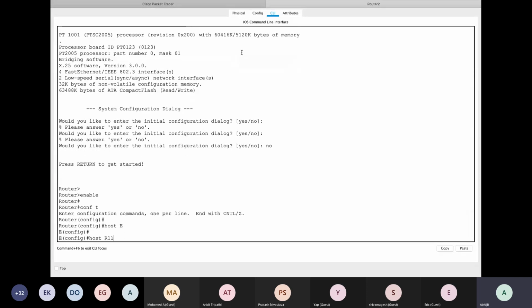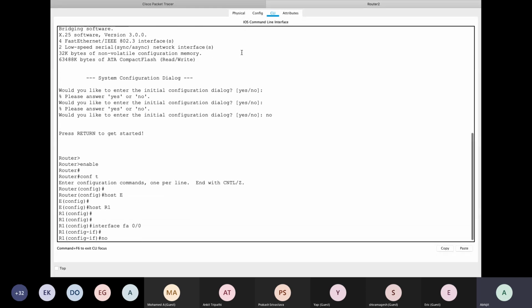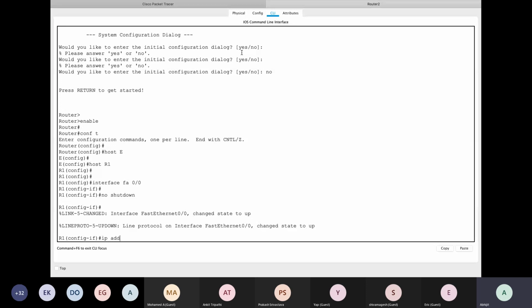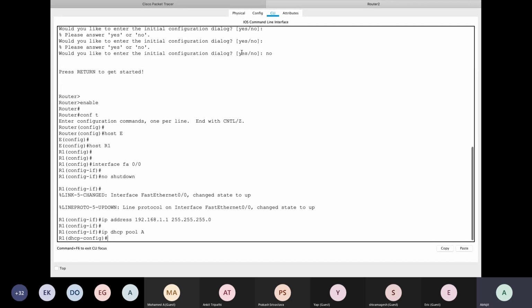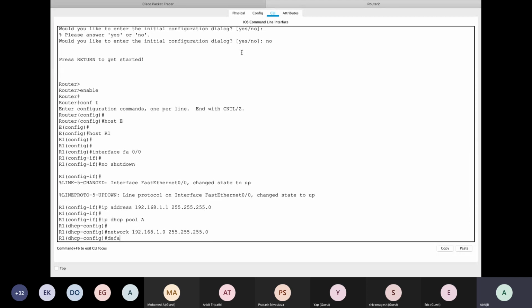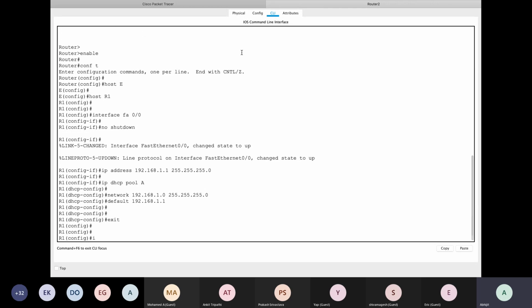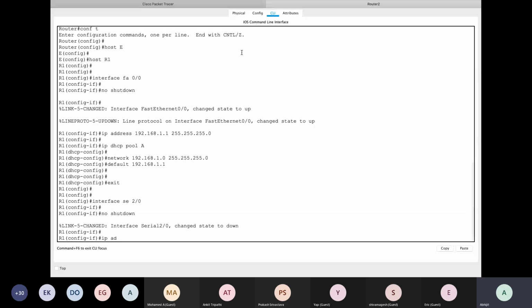Then interface FA0/0, no shutdown, IP address 192.168.1.1 along with the subnet mask, and then IP DHCP pool A, network 192.168.1.0 along with the subnet mask and default router 192.168.1.1. Then I'm going to exit and say interface SE2/0, no shutdown, IP address 192.168.